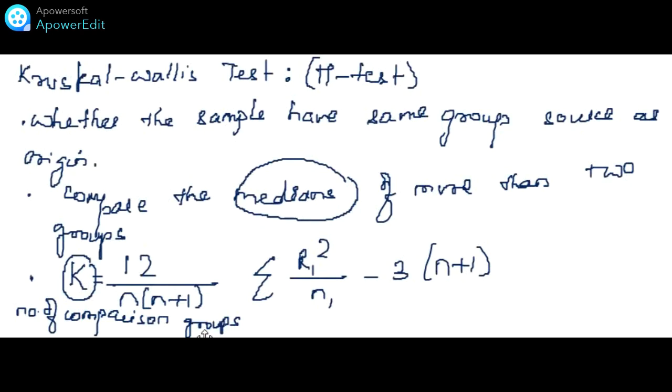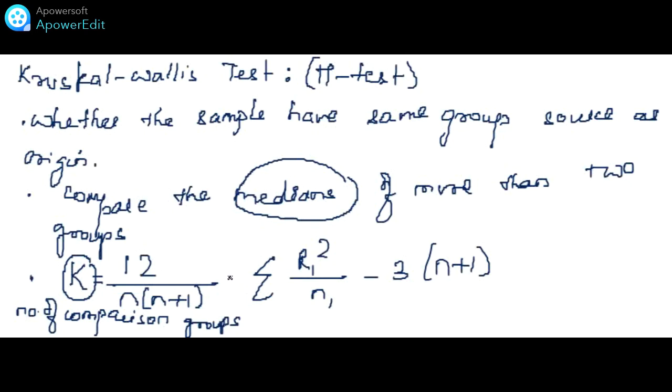Next is n. Capital N is what? If there is capital N, we use it for the overall sample size, and small n is the sample size for the ith category.